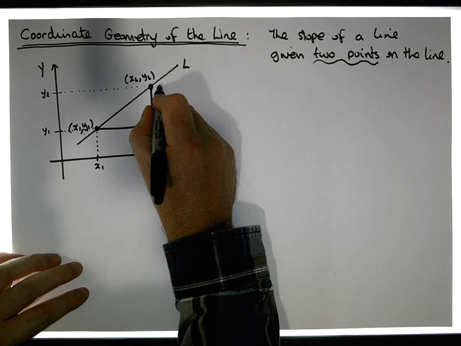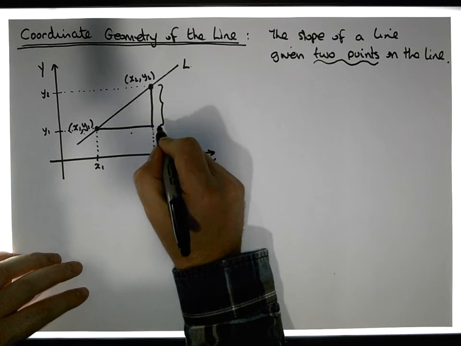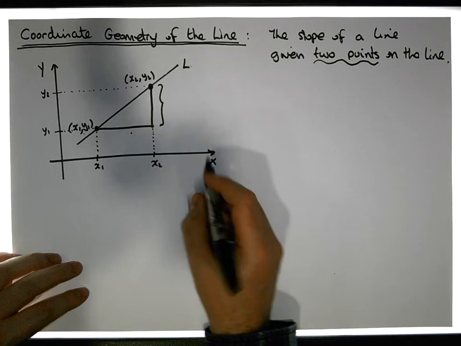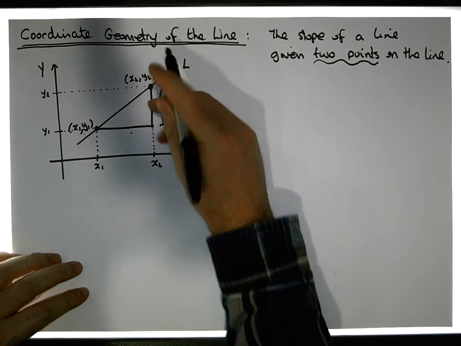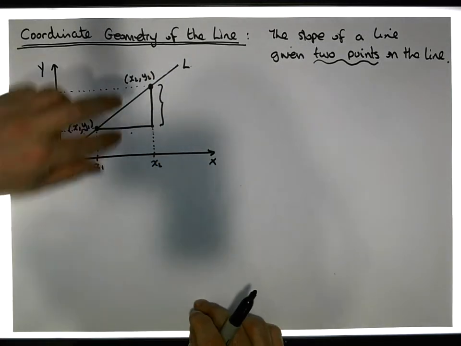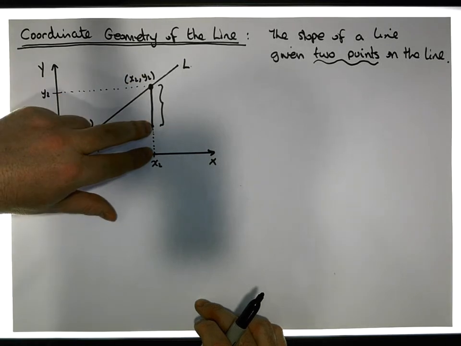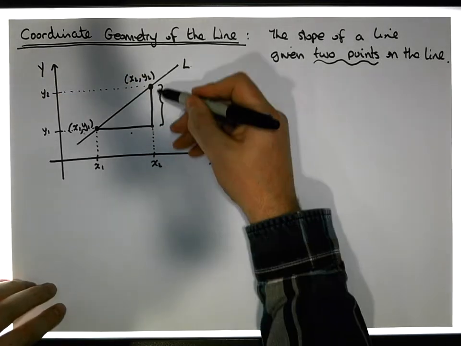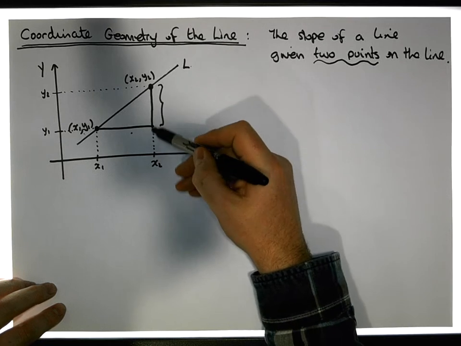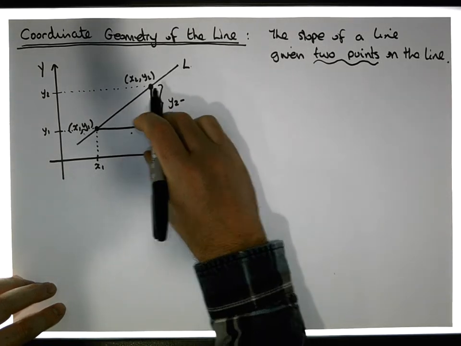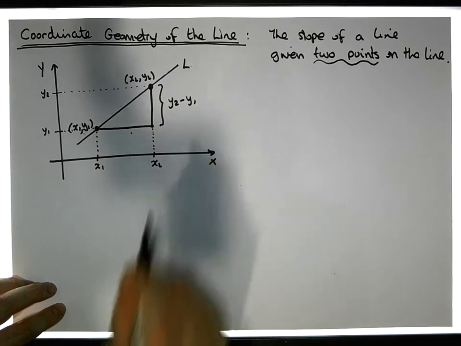So what we have now is this distance here, between this point and where it intersects this horizontal. It's going to be the whole y2 without this dotted piece. This dotted piece represents y1, so it's y2 minus y1.